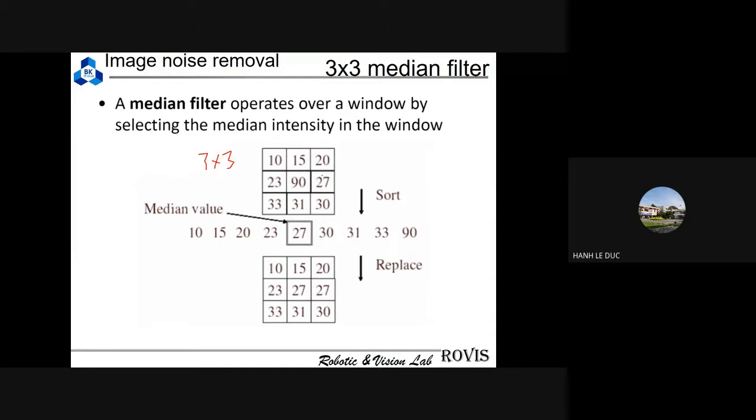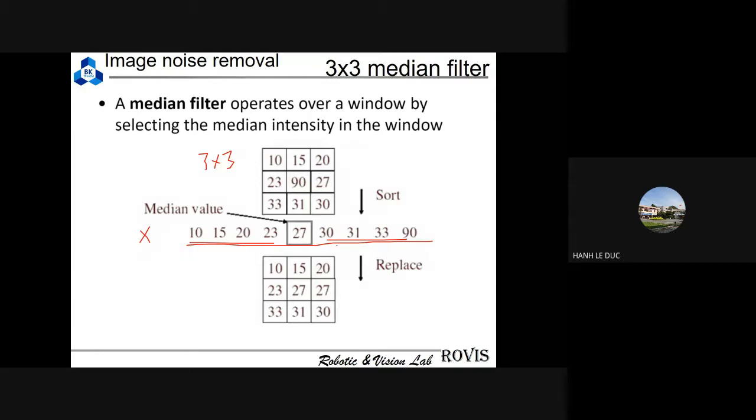So first you have to list all the values, and then choose the value in between. Obviously the value 27 is the value between the two sides, right?